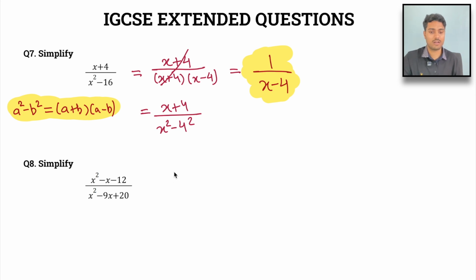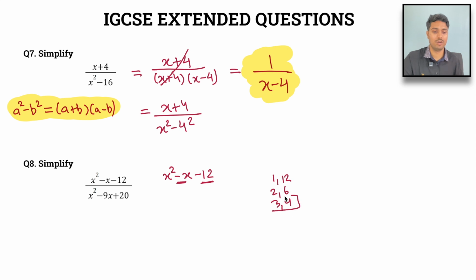x square minus x minus 12. Now we know that we have to find two numbers such that the product of those two numbers should be negative 12, and if you add those two numbers it should be negative 1, the coefficient of x. So the easiest way is to find the factors of 12. It can be 1 and 12, 2 and 6, 3 and 4.